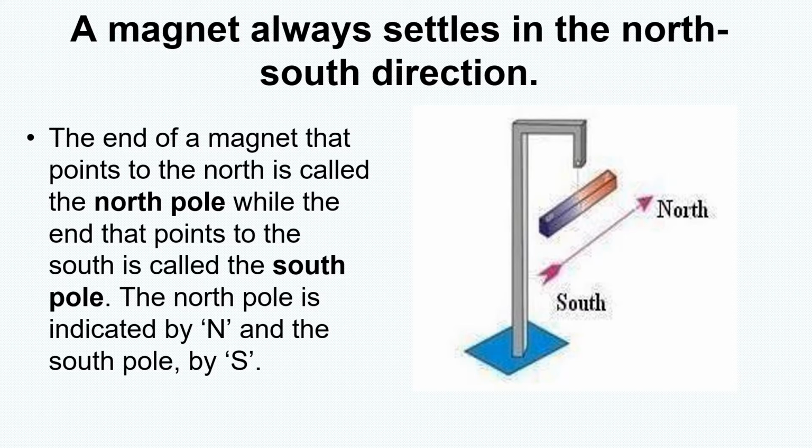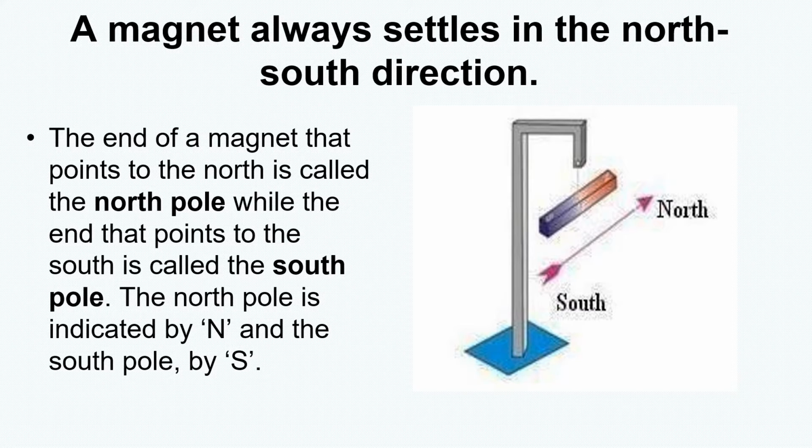If I suspend a magnet with the help of a string and leave it untouched, as you can see in the picture, you will notice that the magnet will move until it reaches the north-south direction. In whichever direction the north is, it will settle there and then stop moving. So whenever the magnet is suspended, it will always settle in the north-south direction.